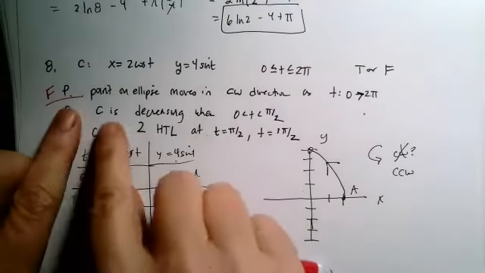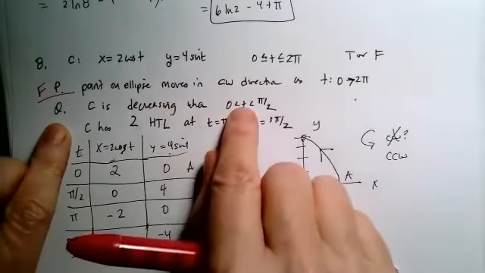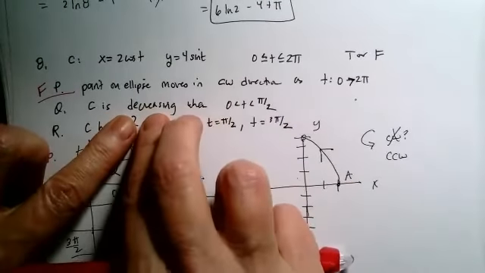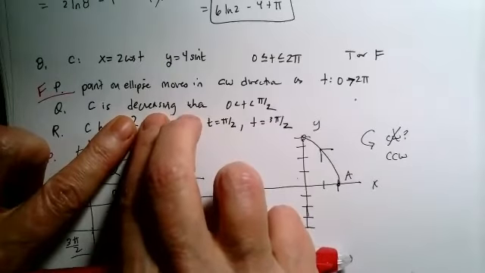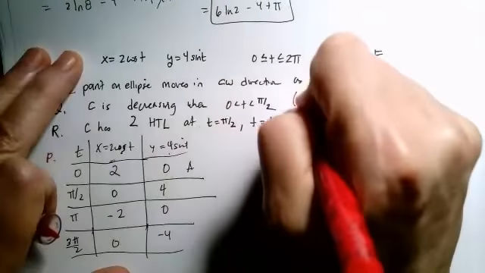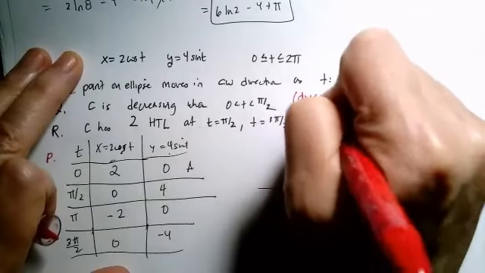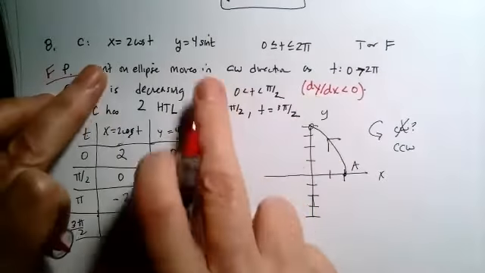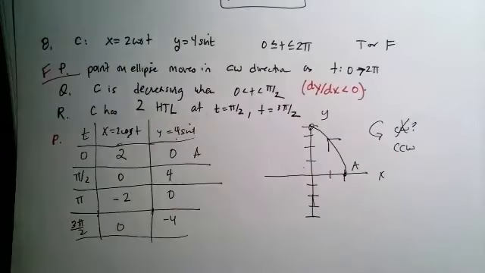Okay, the next statement Q: C is decreasing when t is between 0 and pi over 2. What does it mean when a curve is decreasing? It means that the derivative is negative. So we need to check the sign of dy/dx, but first we have to find dy/dx.